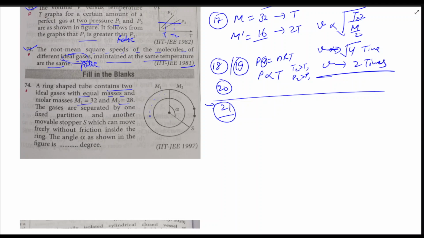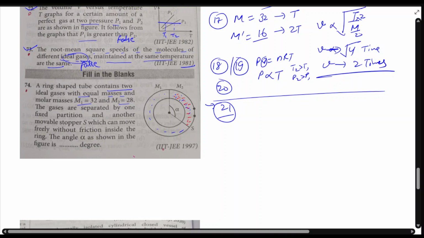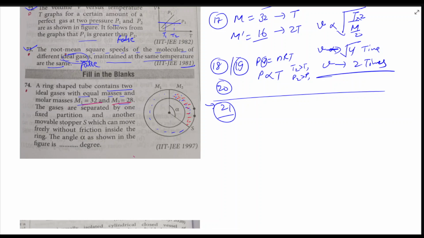Here it is M2, and this is M1. The gases are separated by a fixed partition and another movable stopper S, which can freely move like this.